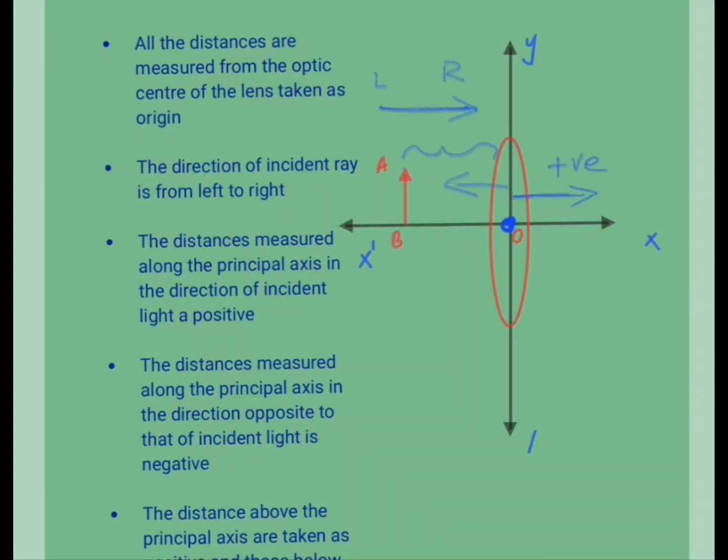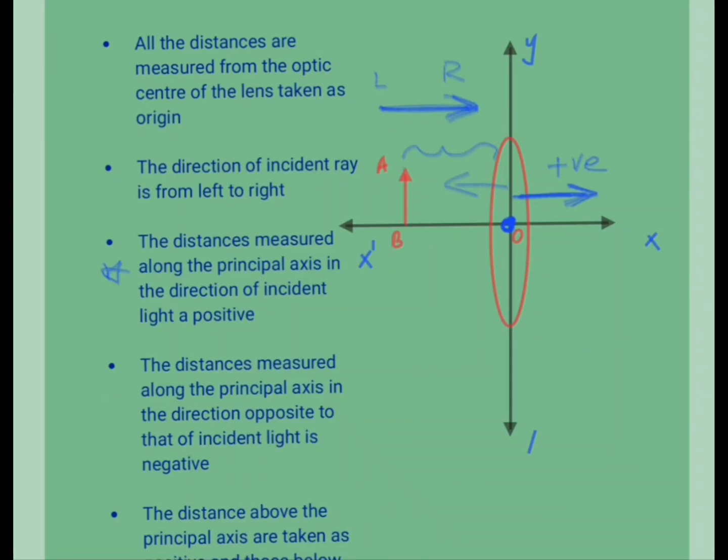If you look at the direction, you can see that the direction here is the same as the direction of incident light. That is what is meant by the third point. The distance measured along the principal axis in the direction of incident light is taken as positive.